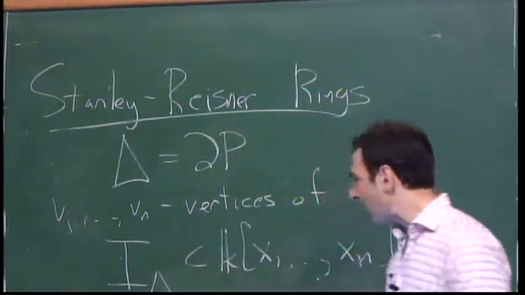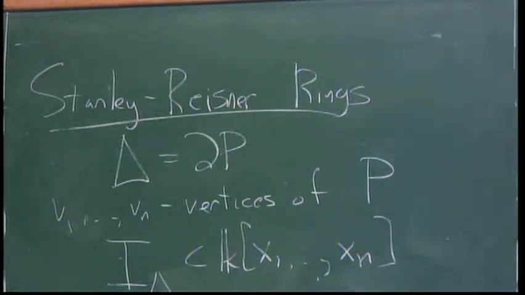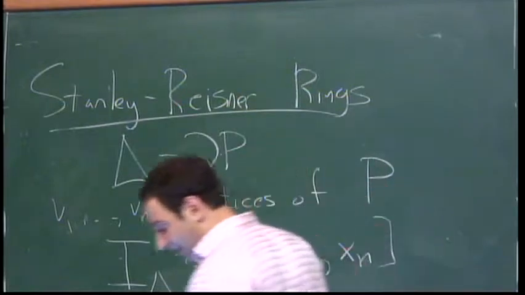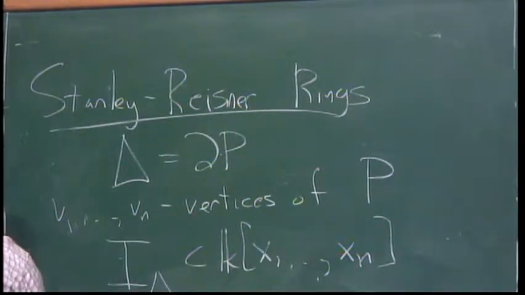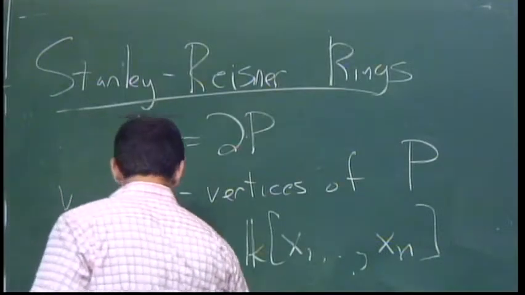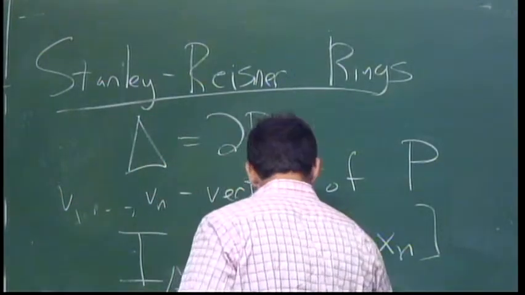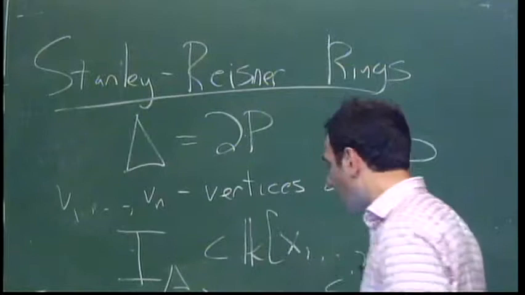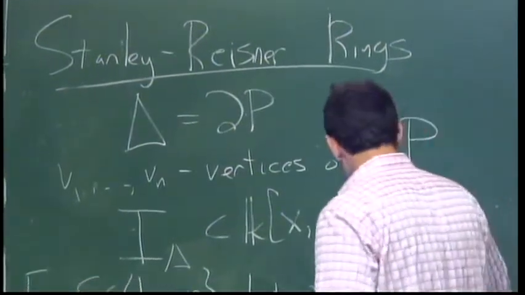And there's a special ideal inside the polynomial ring on the xi's. And it's defined as follows. So for some subset S of the vertices, I'm going to let x to the S be the product of the corresponding variables.